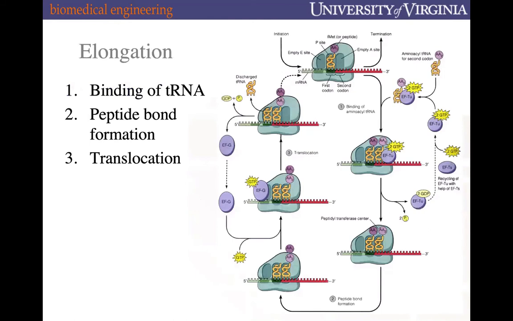So the next step is elongation. This is a really large, intimidating picture, but I'm just going to go through the big picture process, and we're going to look at two snapshots to better understand the different compartments of the ribosome: the A site, the P site, and the E site.